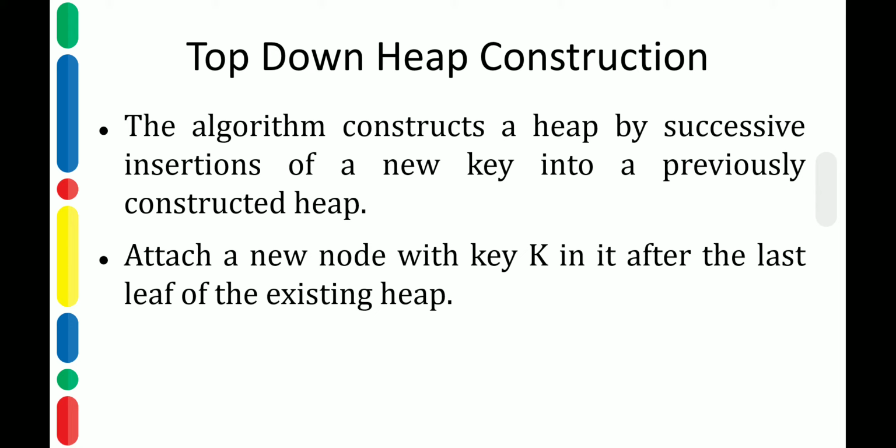Every time we insert a new node with the key k after the last leaf of the existing heap. So we go to the last level and insert the new node after the last leaf in that level.